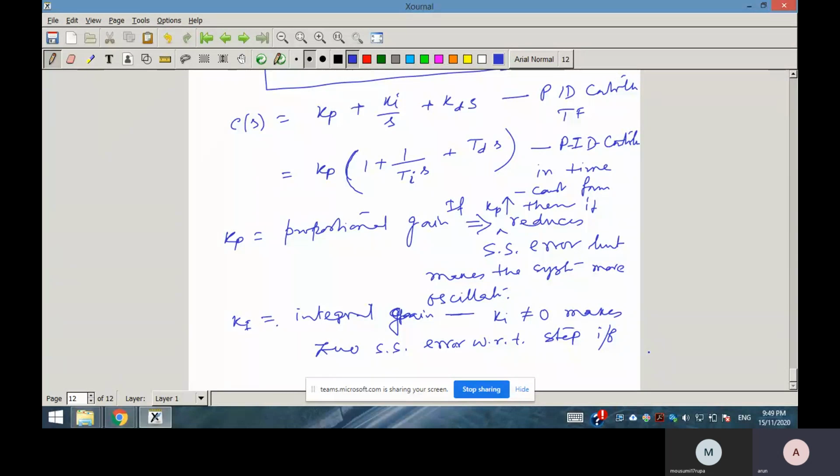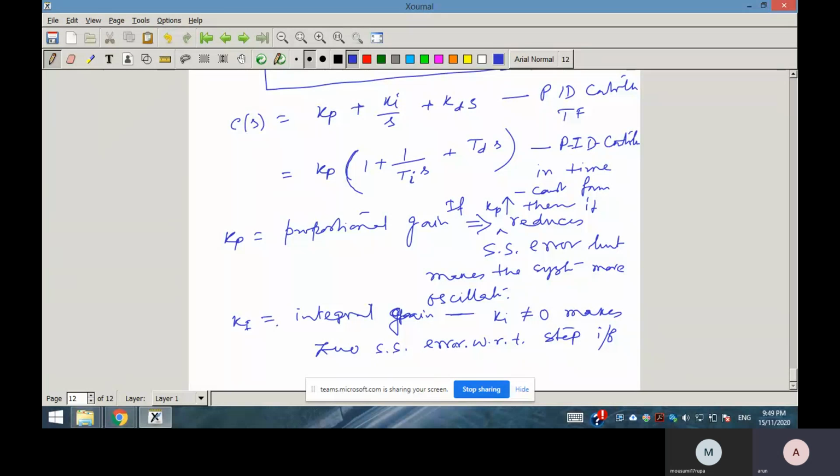Why? Steady state error will be 0 because at that time your loop will be of type 1. If the loop is of type 1, then your steady state error, which is the E by R transfer function 1 by 1 plus L(s), will become 0 with respect to step input.